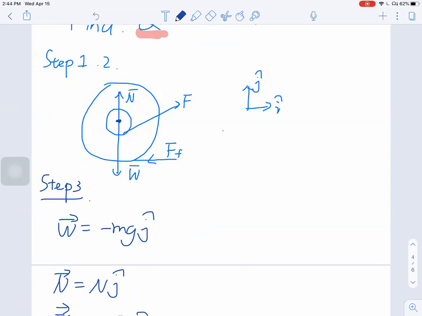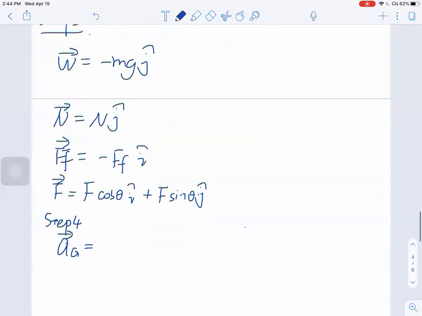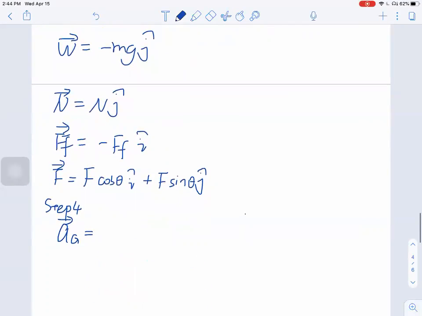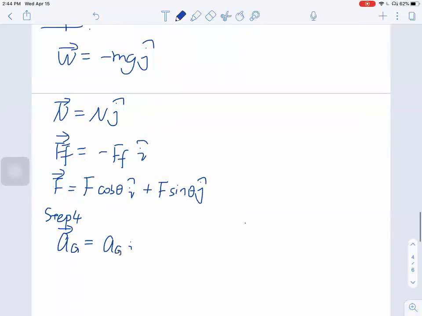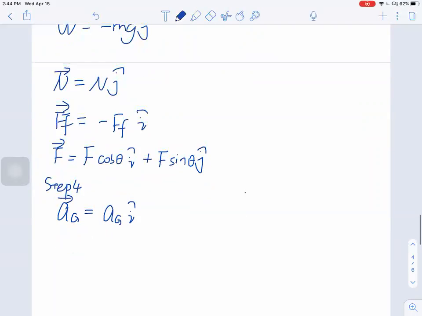If you look at this whole spool, the rigid body, it can only move left and right, right? So the acceleration only has i components. Okay, that's step 4. And step 5, apply Newton's second law and Euler's second law.